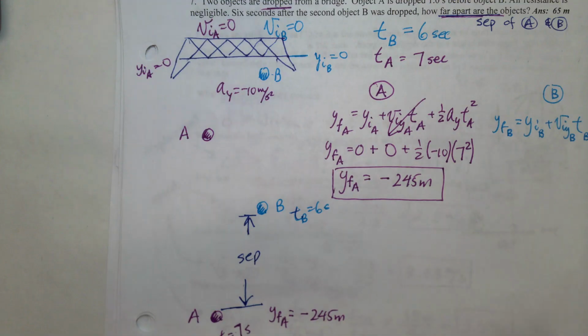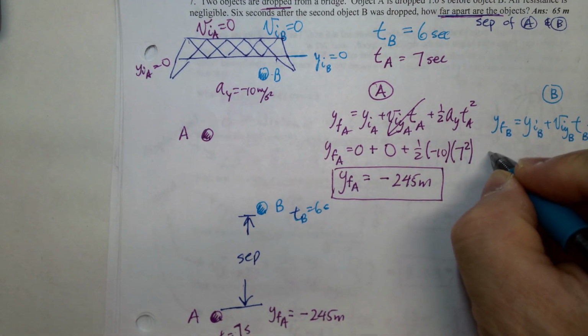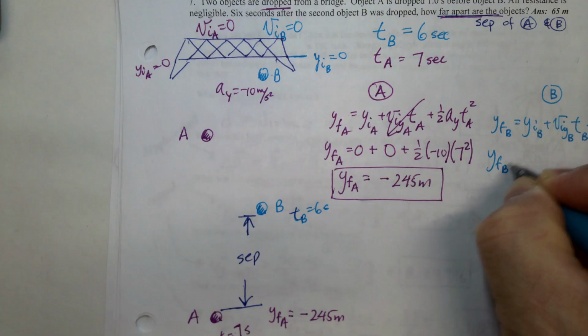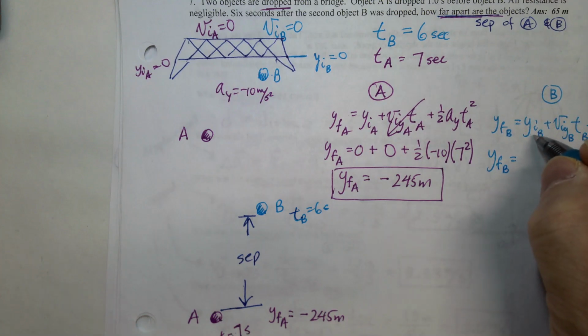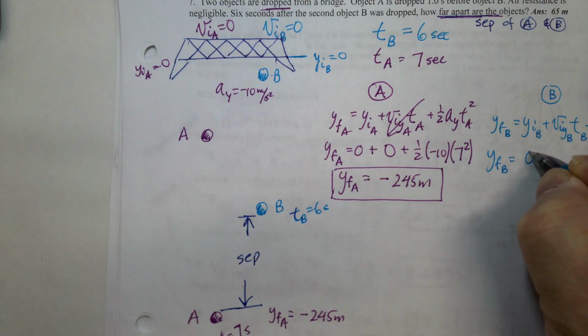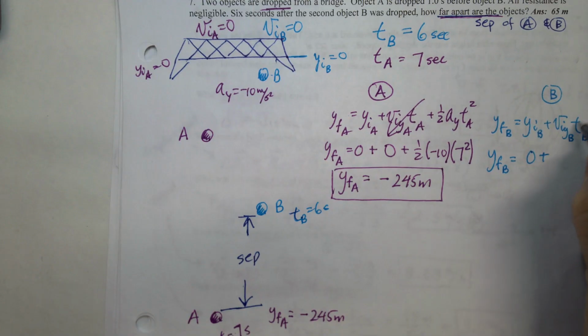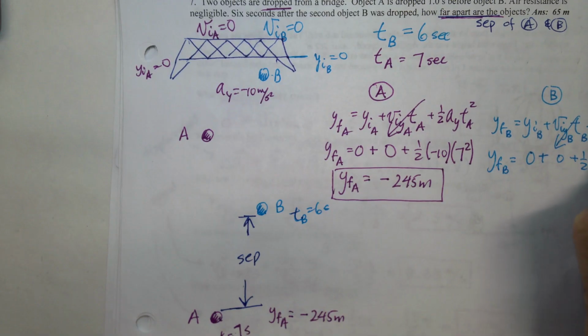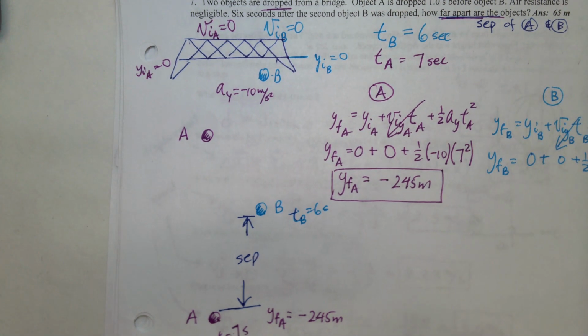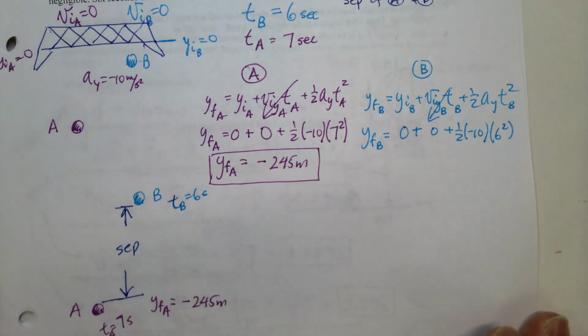So now we plug and chug. My y final for ball B is equal to the initial position for ball B, which is 0, and the initial velocity of ball B is also 0, plus 1/2 times -10 times 6 seconds squared. Okay, 6 seconds squared.